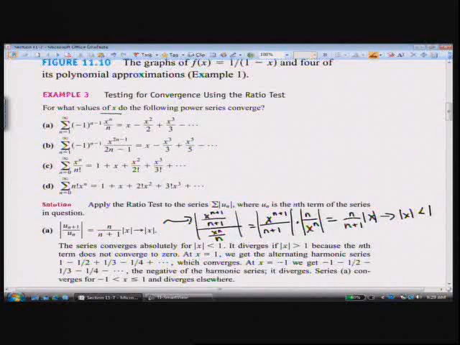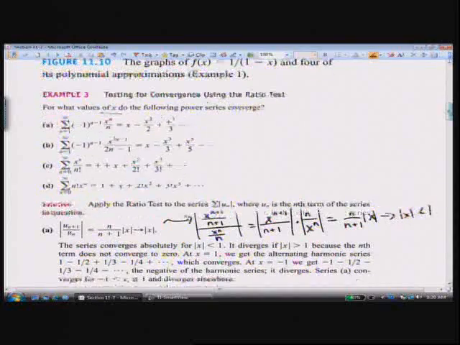Okay, what about at x equals 1? If x were 1, you're going to get, let's see, back up here, the alternating harmonic series, which we know converges. And at x equals negative 1, we get the negative of the harmonic series, because everything's going to be negative, and that diverges.